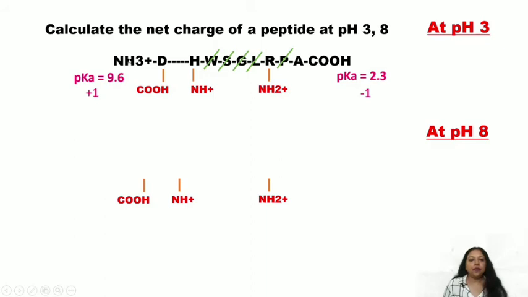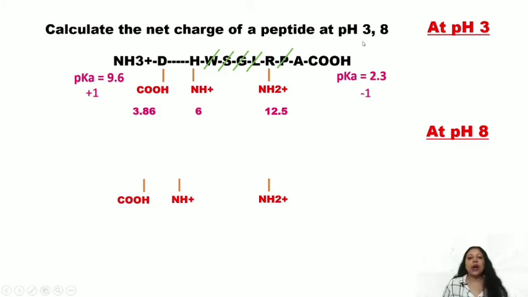Now the amino group 9.6 is greater than pH 3. It will hold its proton, so it will be in +1 form. So what about the pKa values of the R groups of these amino acids? We just need to take a look at the chart: the COOH group of aspartate has 3.86, while the side chain of histidine has 6 and arginine has a pKa of 12.5.